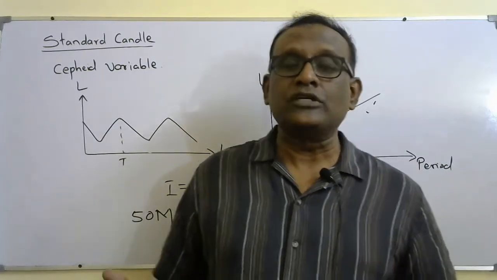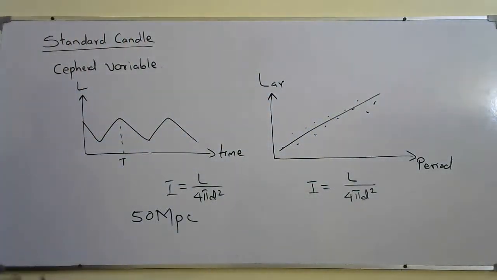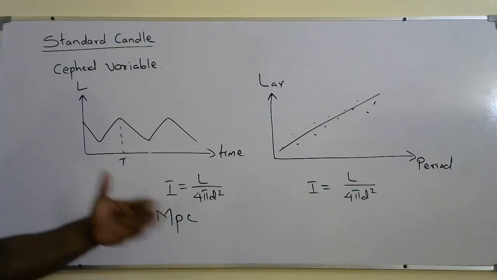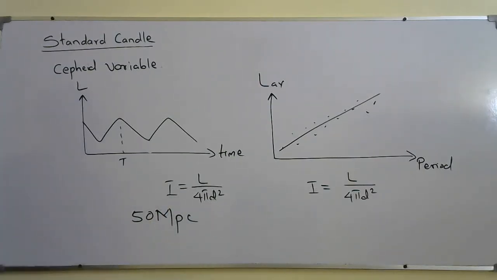So we won't be able to find the period of the Cepheid variable. That's the drawback or limitation of this method. So we can measure up to a distance of 50 megaparsec using a Cepheid variable as a standard candle.